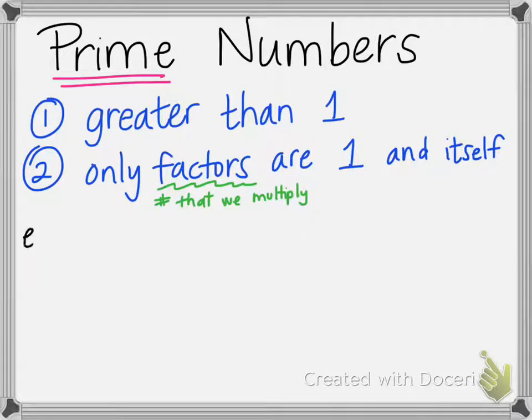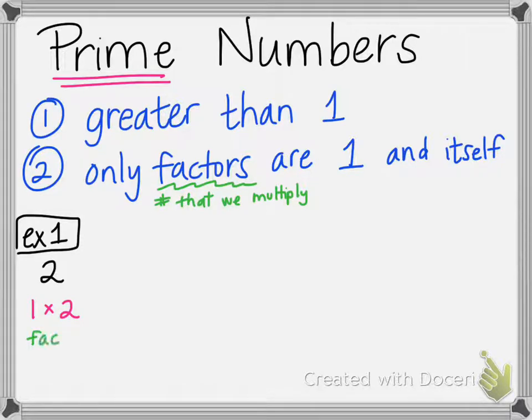What if, to start off with, we look at the number 2? Well, I know a couple numbers that multiply to be 2. I can take 1 times 2. I could take 2 times 1, but that's the same thing, and there are no other factors of 2.